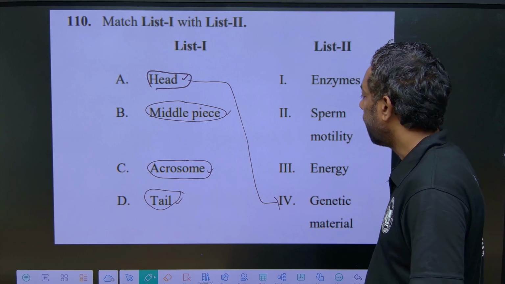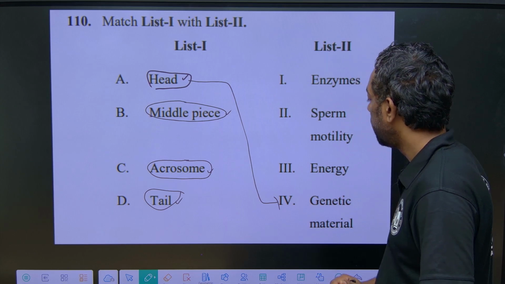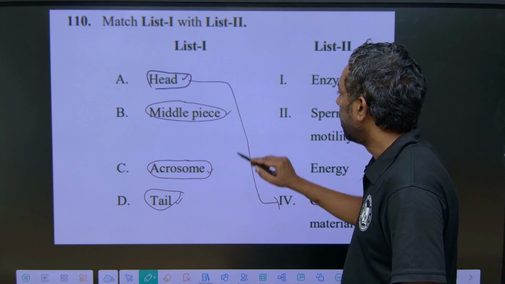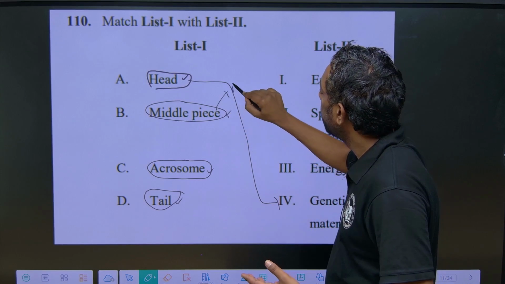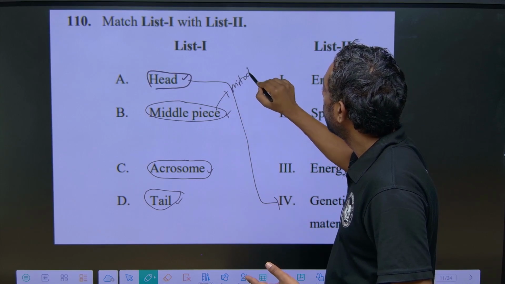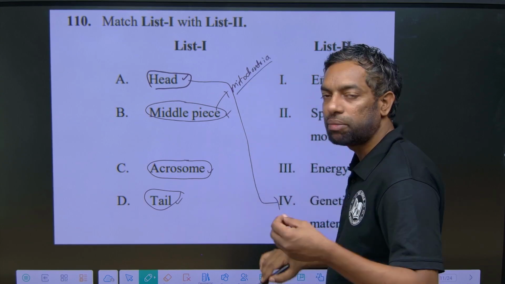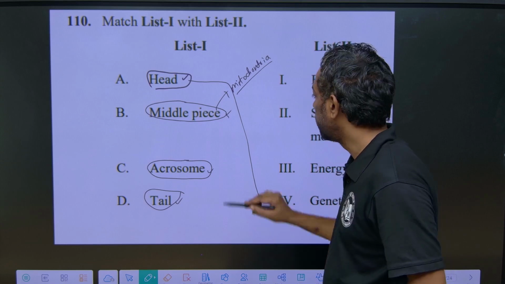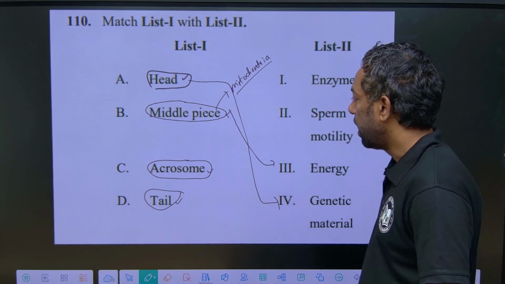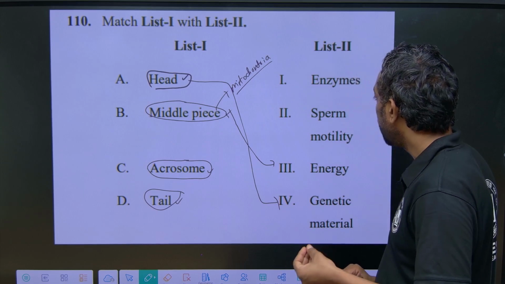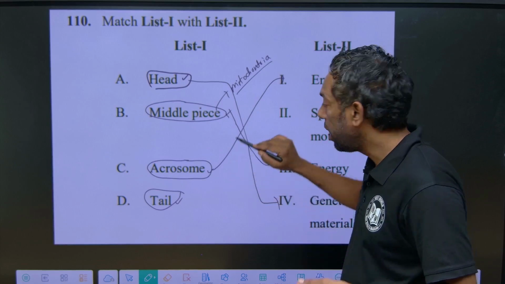Yes, this is the match the following question. Middle piece is the energy, meaning mitochondria is there in the middle piece. Mitochondria means energy production. Second, B is third. Acrosome is for the enzymes, hyaluronidase enzyme.